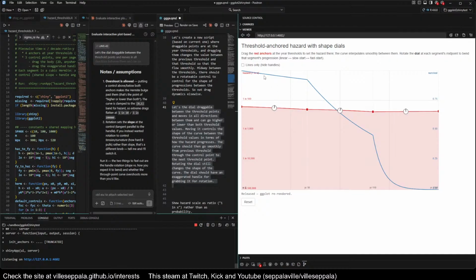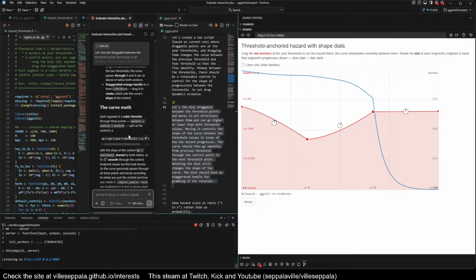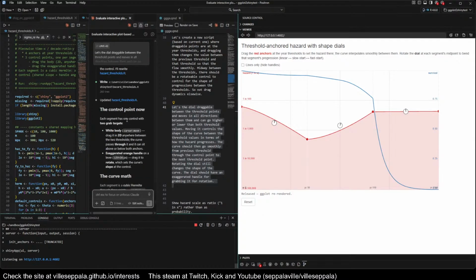You can just explain it with the timescale, but I'm not sure about this hazard rate. Okay, let's see the new one.